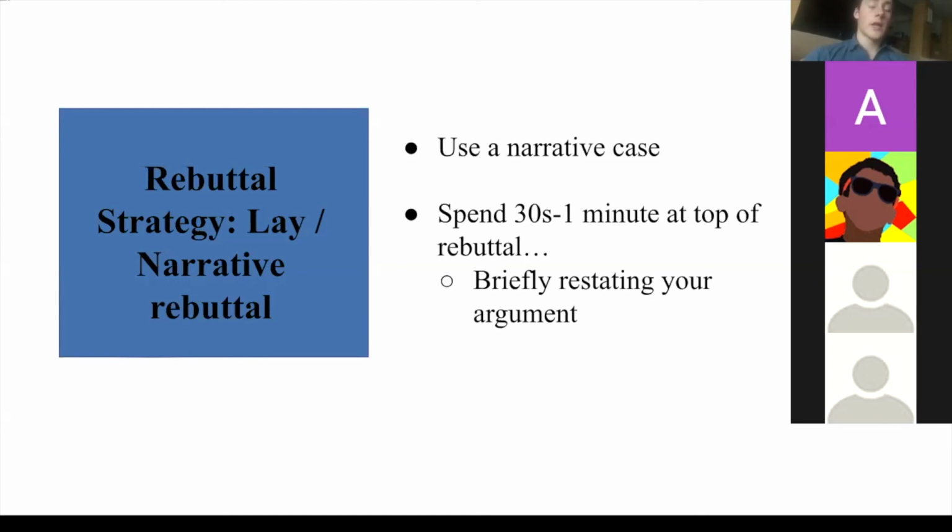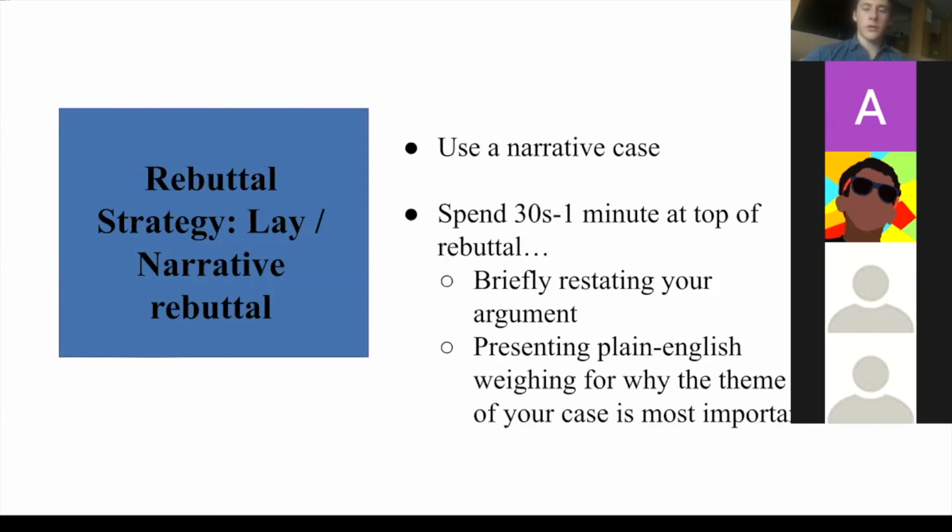You're about to explain why your case is just better than their case. The reason that's so critical is that lay judges oftentimes come into the round expecting to make the decision based off of whose case is better. So you're answering a question they're directly asking themselves as they're evaluating the round, which is extremely useful. So briefly restate your argument. It's like a mini extension.